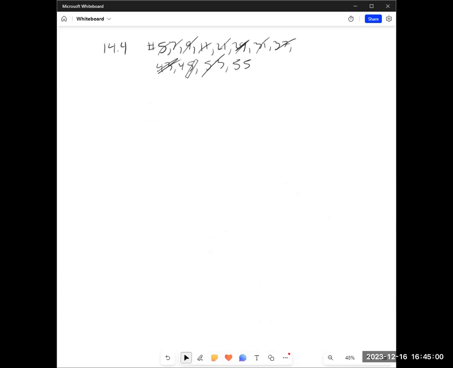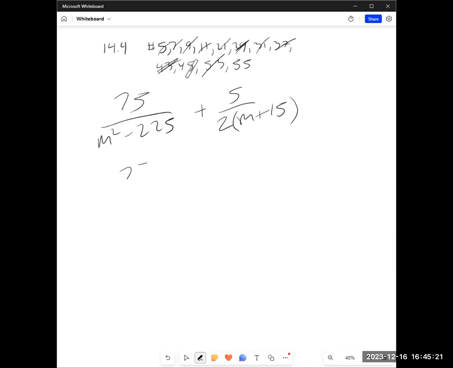And our last one here, 75 over m squared minus 225 plus 5 over 2 times m plus 15. This is 75 over m plus 15 times m minus 15.